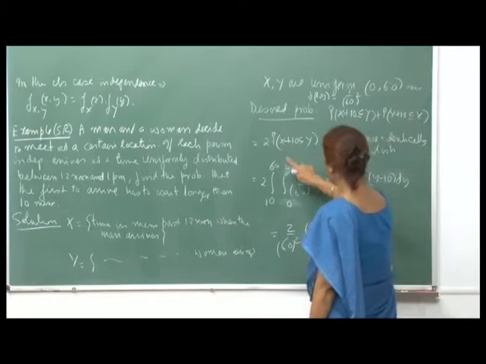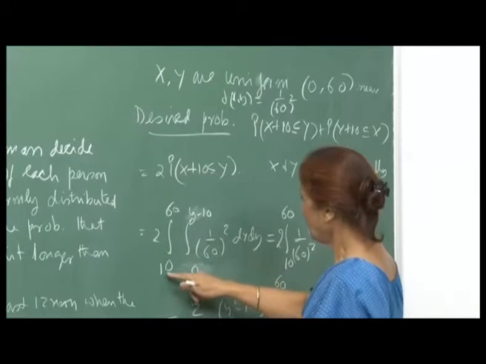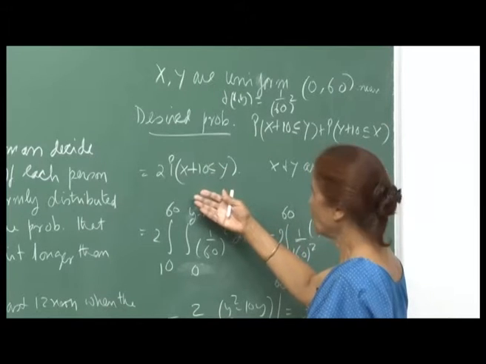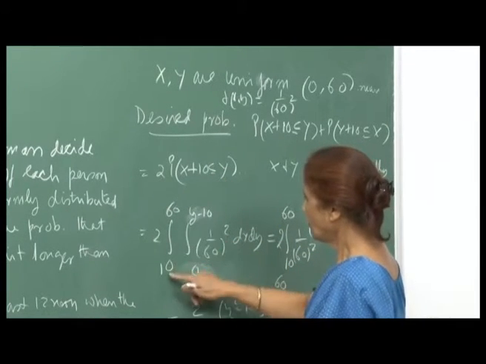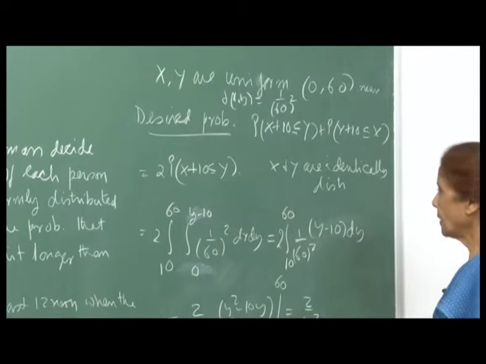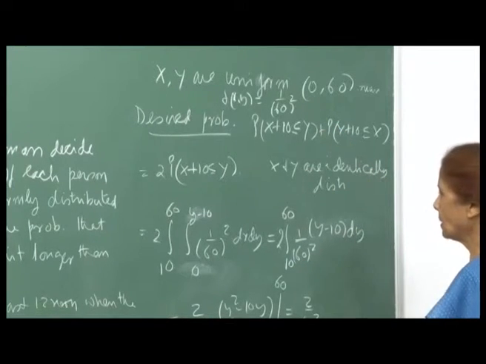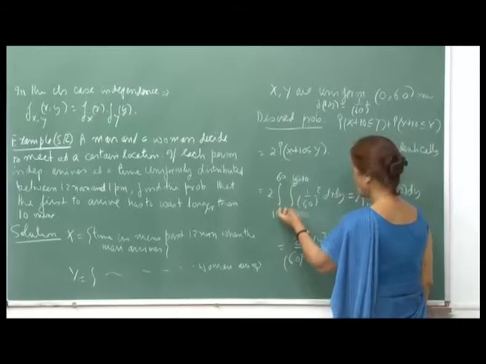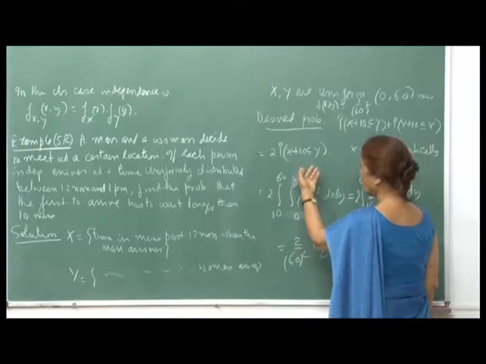So, here it is 0 to y minus 10, and the woman, because the man has to wait 10 minutes or more, then it should be 10 to 60, right. So, the arrival time of the woman would be from 10 to 60. So, this is what is important. So, once you fix the limits and you know the joint PDF, then computing the probabilities is not a problem. So, one has to spend time in thinking as to how the event is described very clearly.